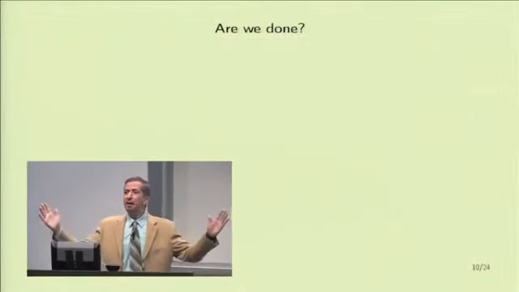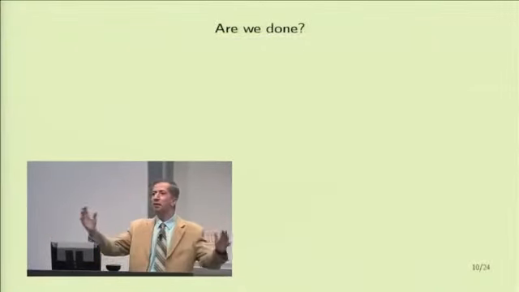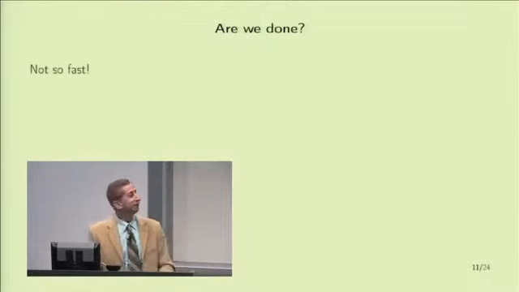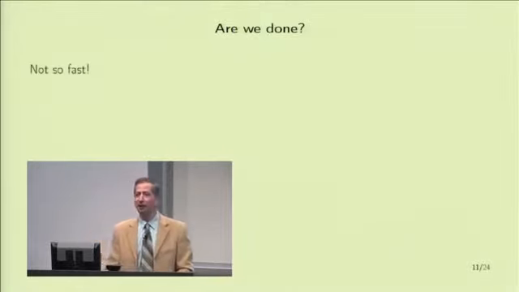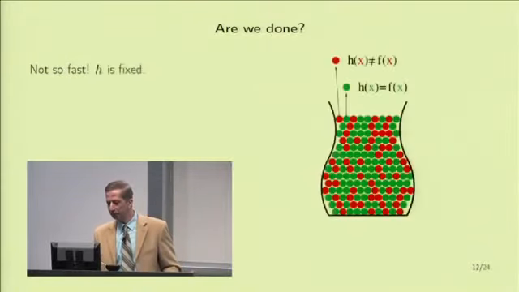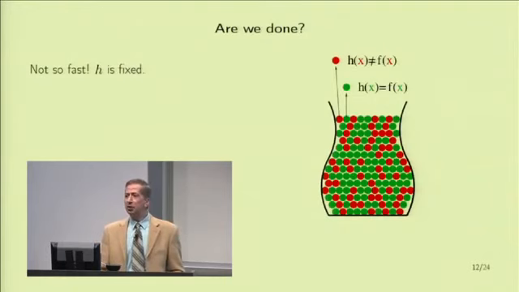So, okay, happy ending. We are done, and we now have the correspondence. Are we done? Well, not quite. Why are we not done? Because the analogy I gave you requires a particular hypothesis in mind.